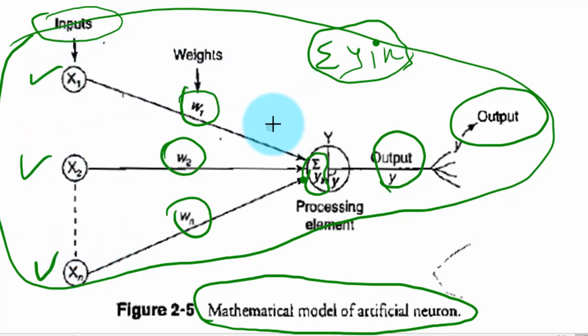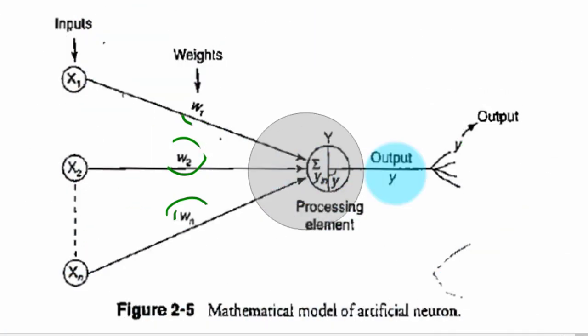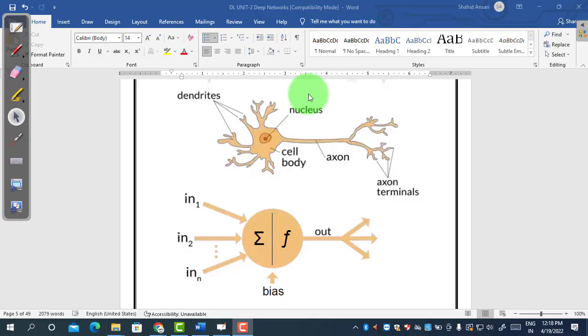Then weights are there, meaning connections. The axon is basically used to connect between the input and the output node. The output that the biological neural network generates is through synapses. Synapses are responsible for generating the output. So these are the basic elements of the neural network: input node, output node, and connection weights. I hope you understood this.